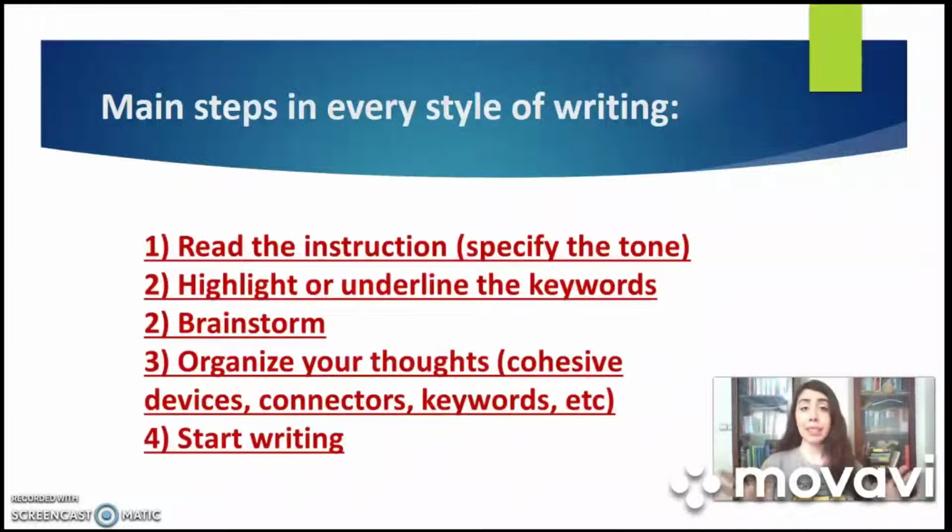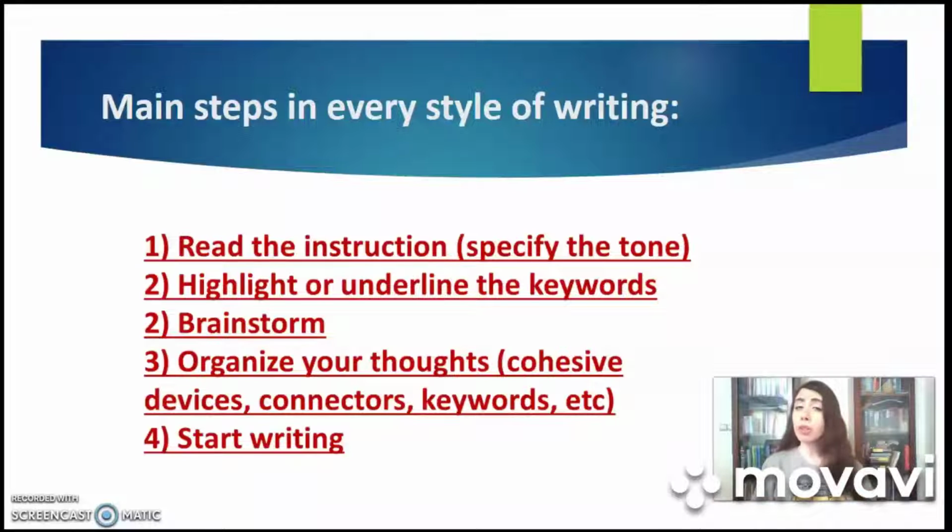There are some main steps you need to follow before starting your letter, which are really important. Let's talk about them together. The first one is reading the instruction. It means reading the question carefully to see what the question has asked you to cover. After reading the whole question, you should specify your tone.